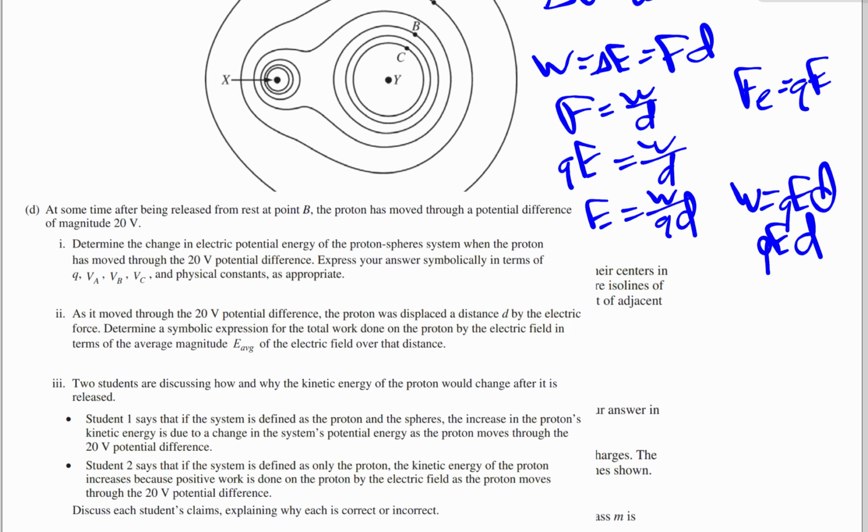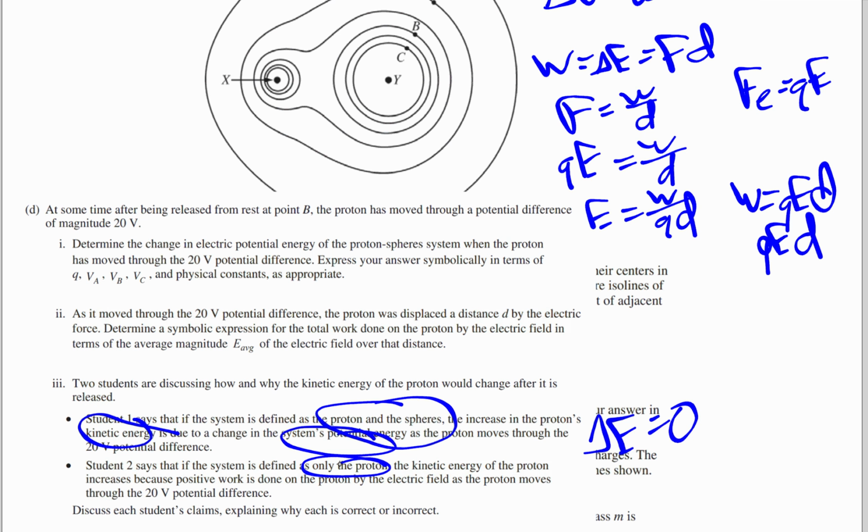Okay, just checking. It looks like everything they said is correct. If the system is defined as the proton and the spheres, then there's no change in energy of the system. The proton's kinetic energy comes from the system's potential energy, and the change in energy is 0. Student 2 says if the system is only the proton, then there is a change in energy.